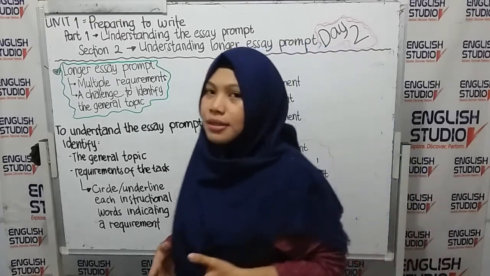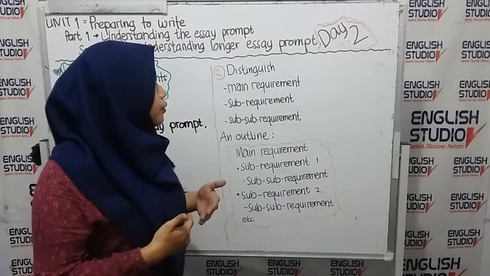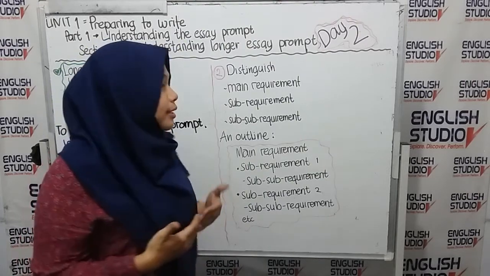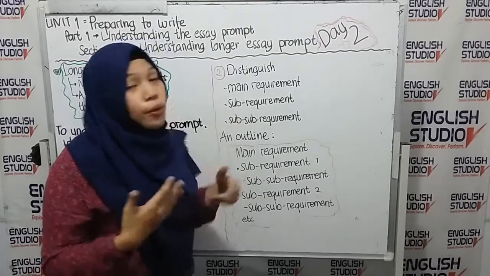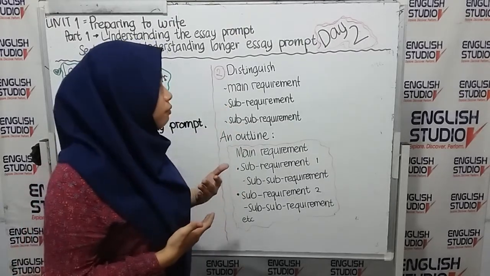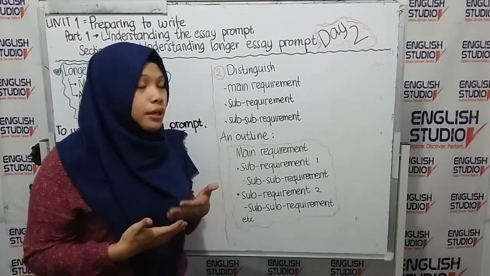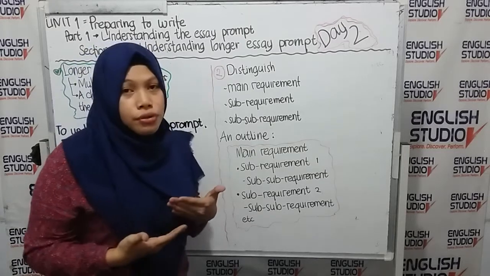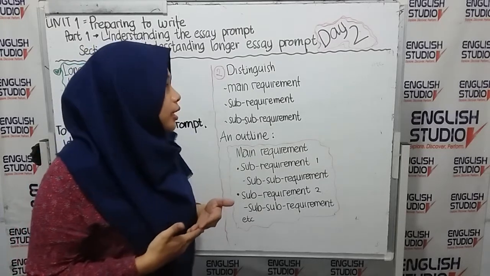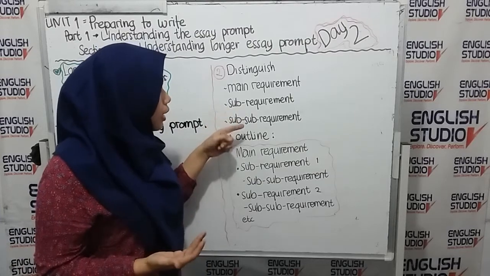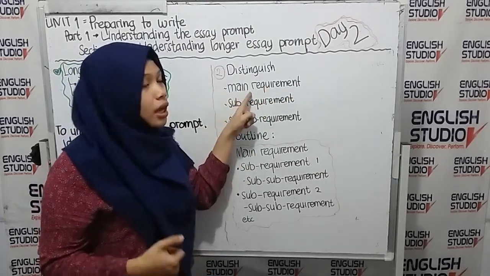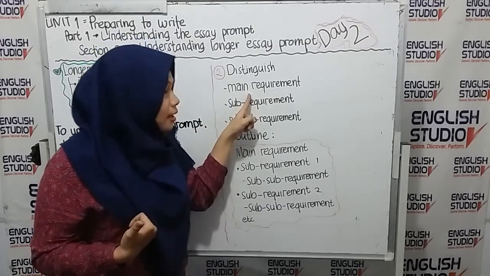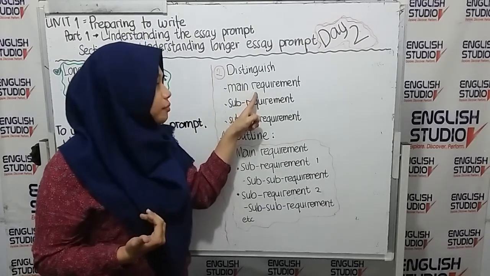The second step is you need to distinguish which one is the main requirement, sub requirement, and sub-sub requirement. The main requirement, we may call it the mother question, is the one that the focus of the writer should be paid on. And there are sub requirements. The main requirement usually comes up as the first instructional word given.